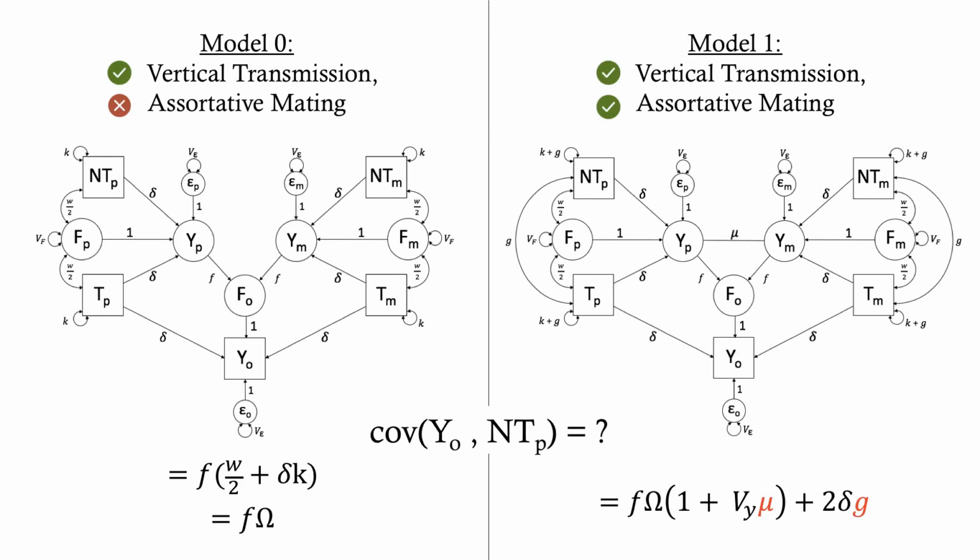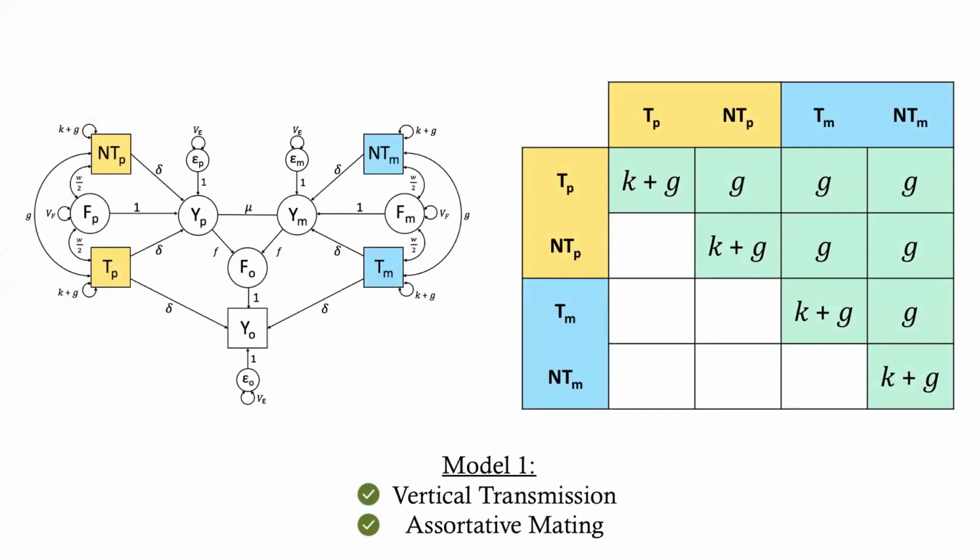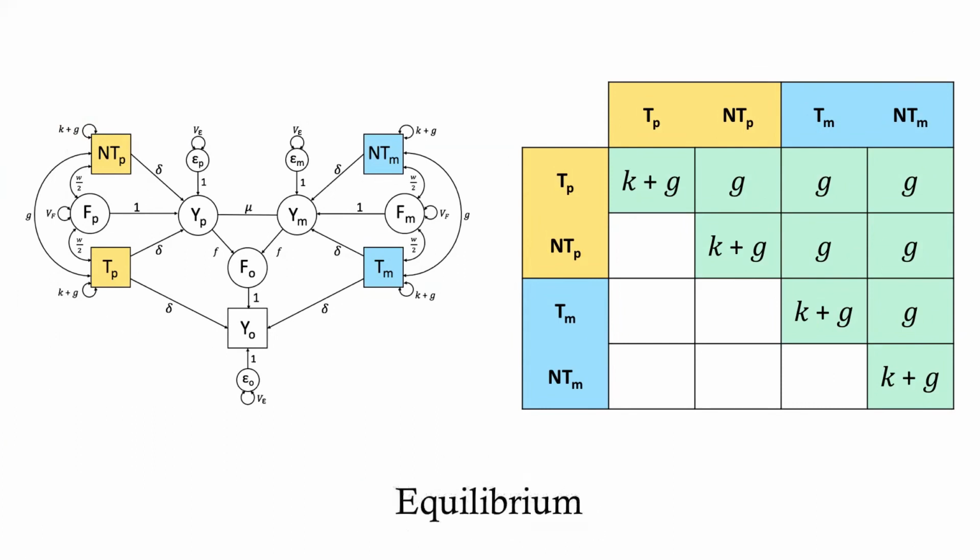All right, so that is how to estimate assortment. And now we can begin to address some other questions, like how we determine and account for assortment that is changing over time. As you can see, the previous model I showed assumes the same value for within and between spouse covariances. This means that the magnitude of assortment is unchanging, which is referred to as equilibrium assortment.